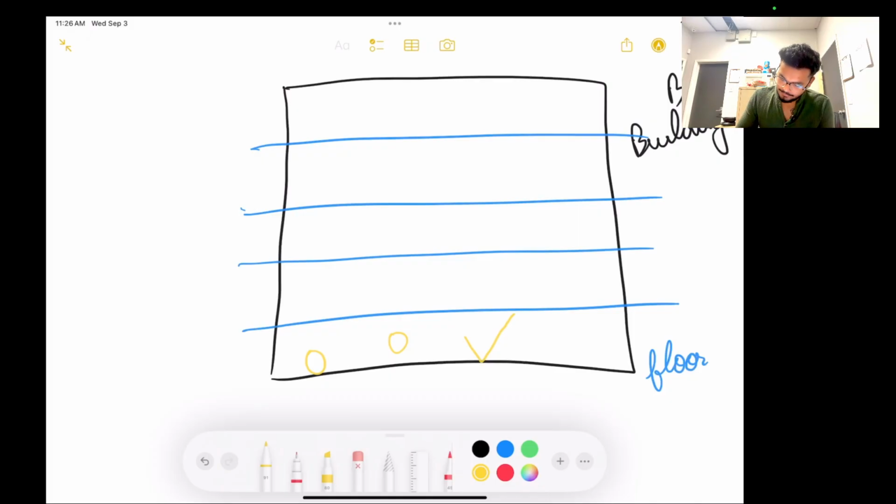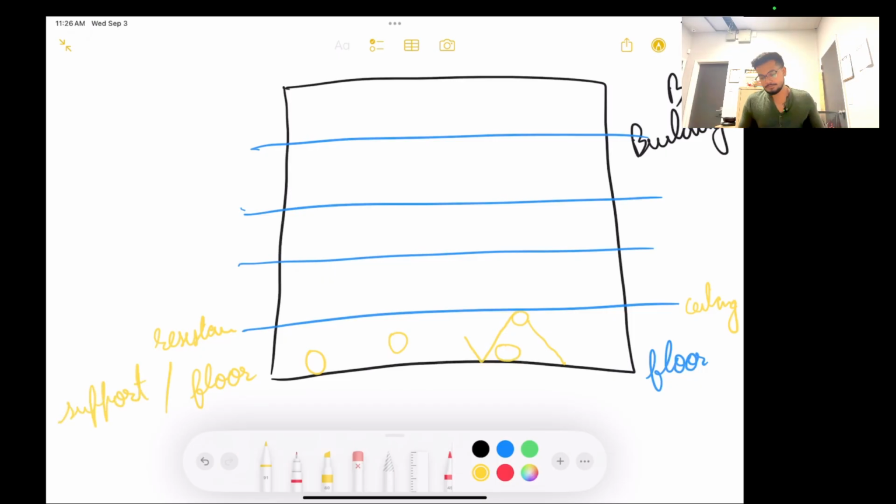And then you throw it down, it bounces back, goes to the ceiling, and from the ceiling it comes back down. That, my friend, is support and resistance. So the ball resisted the ceiling and then bounced back again from the floor. Floor in this case is also our support, if that makes sense.